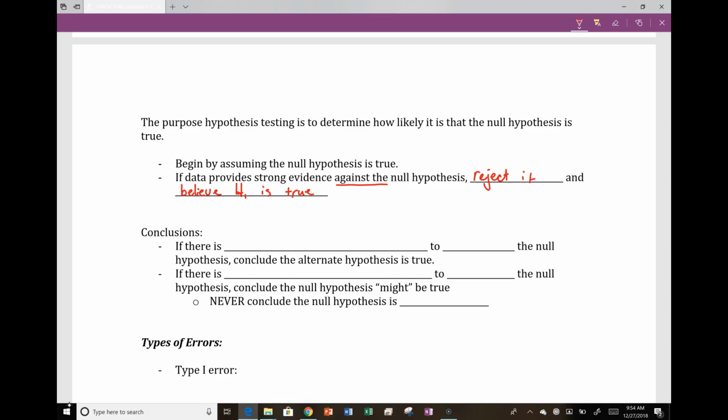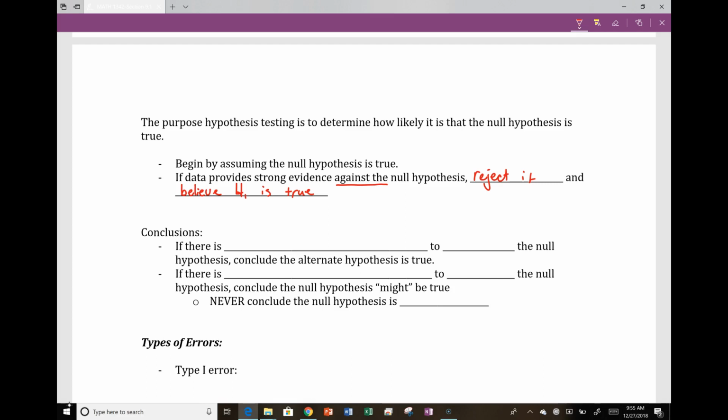hypothesis is true. Now we have to be a little bit careful because we never want to state that something is absolutely true. Think about a court of law. When we go in as a jury, we never state that the accused is innocent.